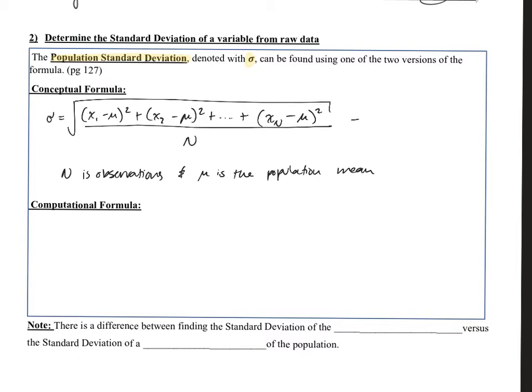This all simplifies to the square root of the sum of the xi values minus mu squared all over n. So that's the conceptual formula.